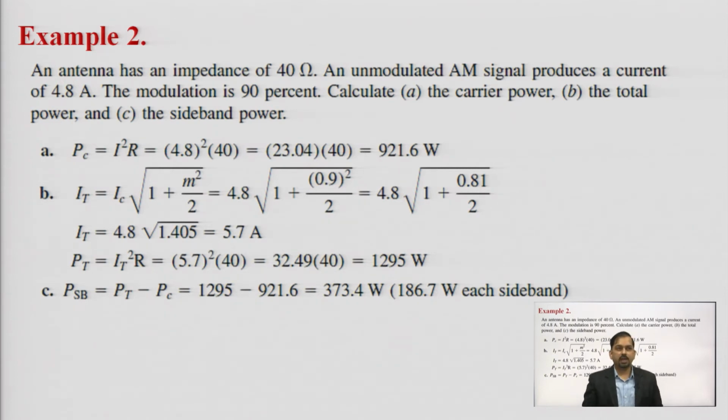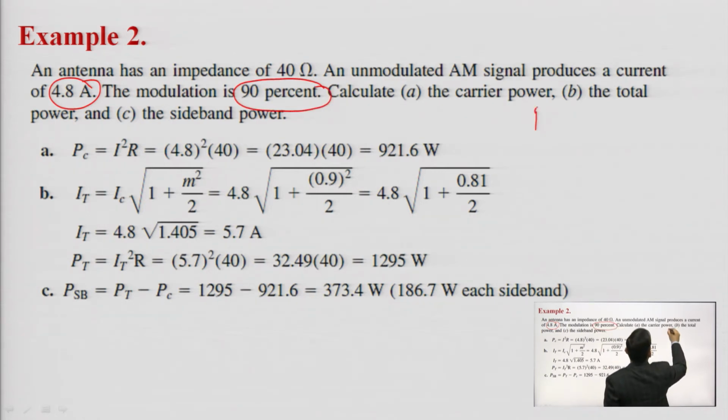Now we have the second question. An antenna has an impedance of 40 ohm. An unmodulated AM signal produces a current of 4.8 ampere. The modulation is 90%. We must write down these values: as per the numerical, R is 40 ohm, then IC is 4.8 ampere.